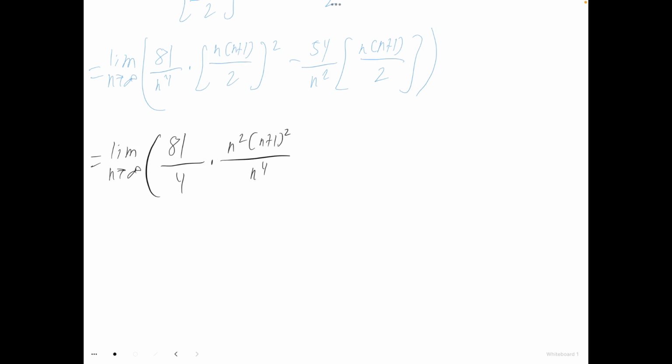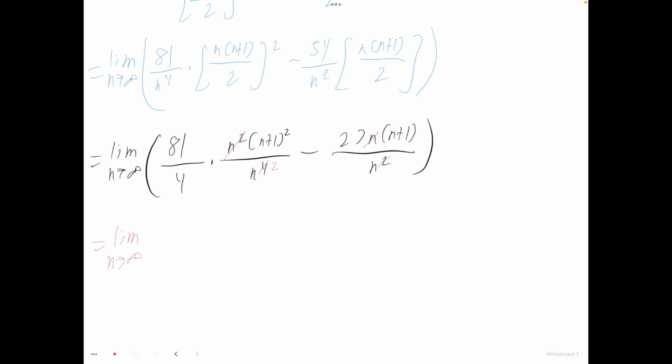So I've grouped the constants together, grouped the n's together, minus, we're going to have 27n times n plus 1 divided by n squared. That just comes from 54 divided by 2 is 27. We can cancel 2 of the n's out on the first one and 1 of the n's out on the second one. And so this again gives us the limit.